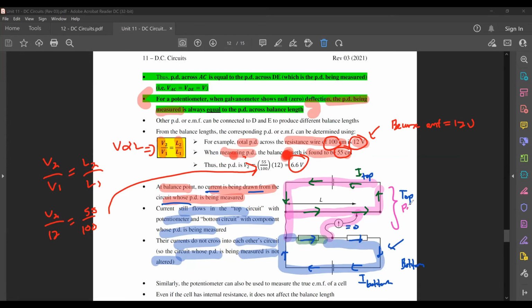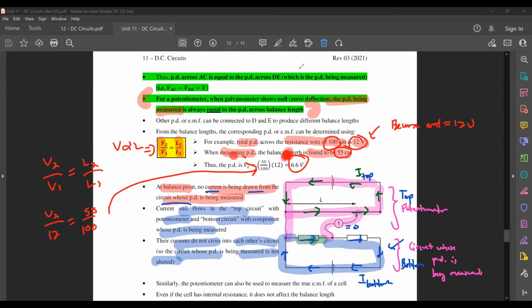So this one here is your potentiometer. This is the circuit whose PD is being measured. Okay, so that's why we will say that your voltage reading is going to be accurate.